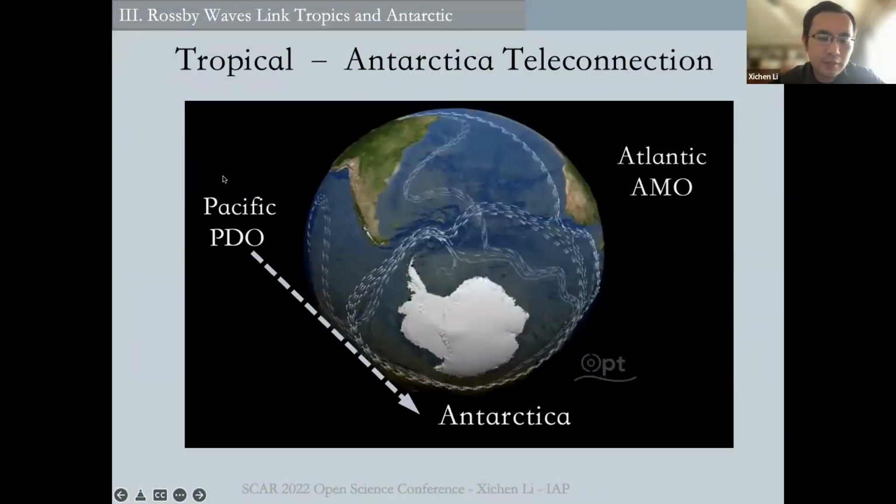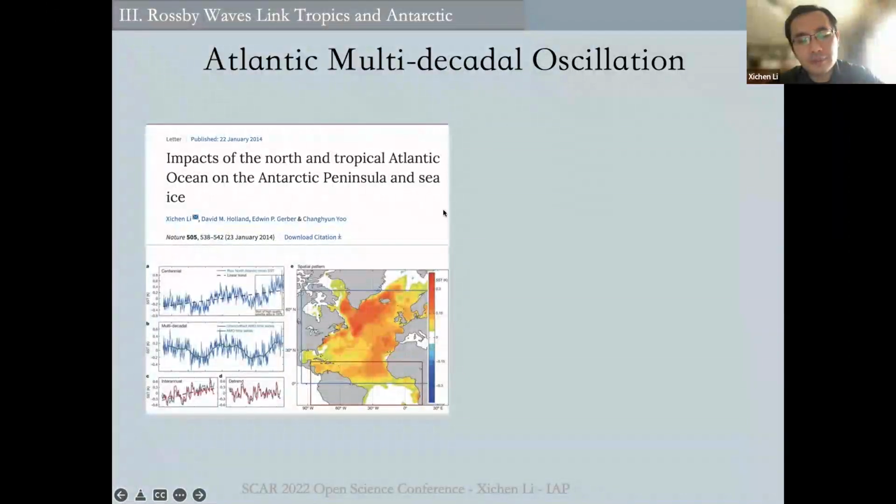So we introduced the teleconnection from the tropical Pacific, but on decadal timescale over the Atlantic area, we also have a very strong multidecadal variability. It's called the Atlantic Multidecadal Oscillation.